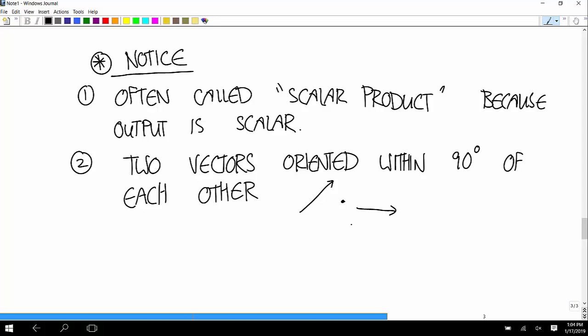If you put them tail to tail, the angle between them is less than 90 degrees. They have a positive dot product.